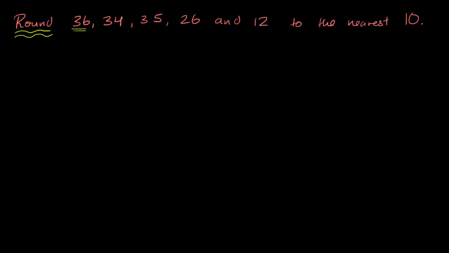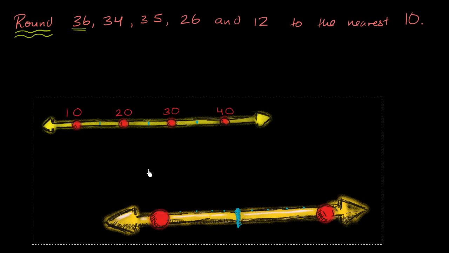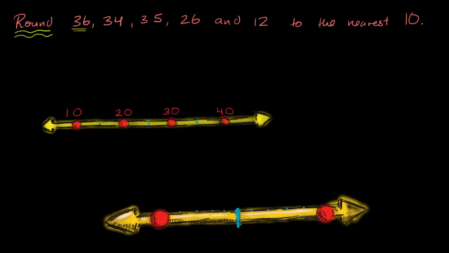Well, to think about it a little bit deeper, let's actually put a number line here. I'll put two number lines over here, and let's think about where these points would sit on this number line. So this first number, 36, where does it sit? Well, it's between 30 and 40. And this little blue mark is 35, halfway between.